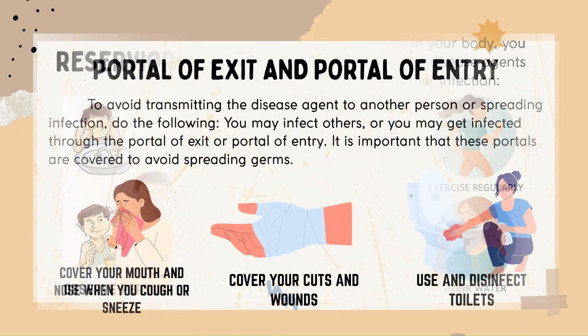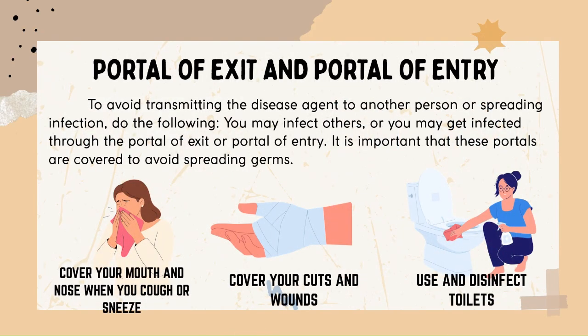The next one is the portal of exit and portal of entry. To avoid transmitting the disease agent to another person or spreading infection, do the following. You may infect others or may get infected through the portal of exit or the portal of entry.